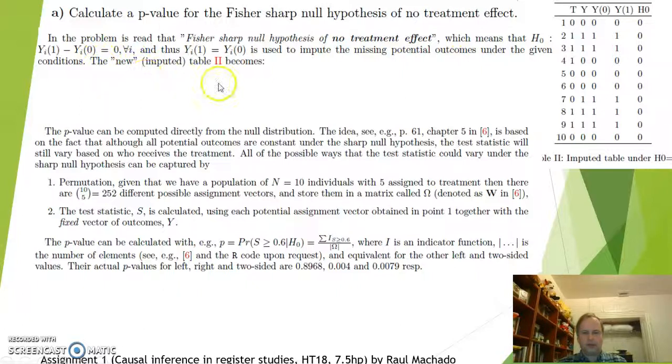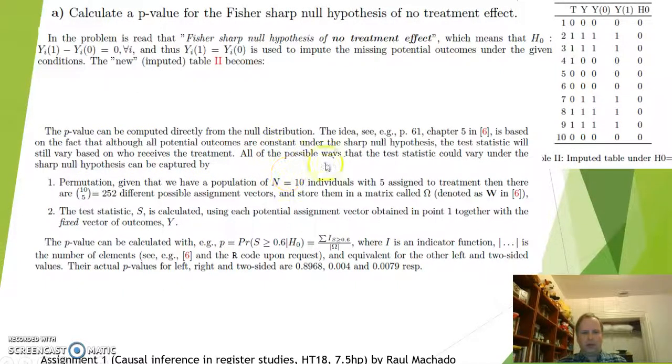The given condition was the assumption. The p-value can then be computed directly from the null distribution. The idea is based on the fact that although all the potential outcomes are constant under the sharp null hypothesis, the test statistic will still vary based on who received the treatment.